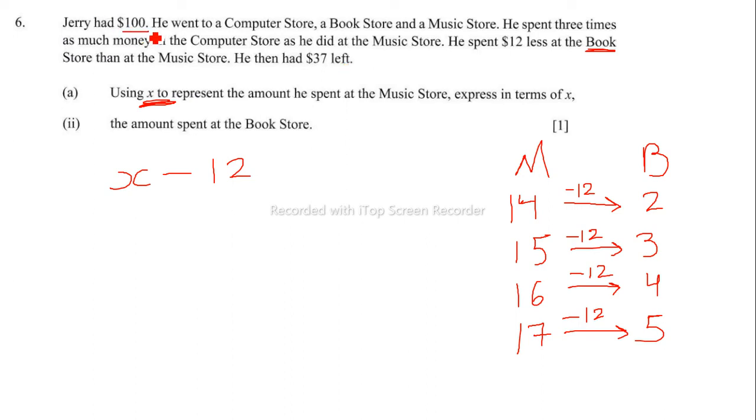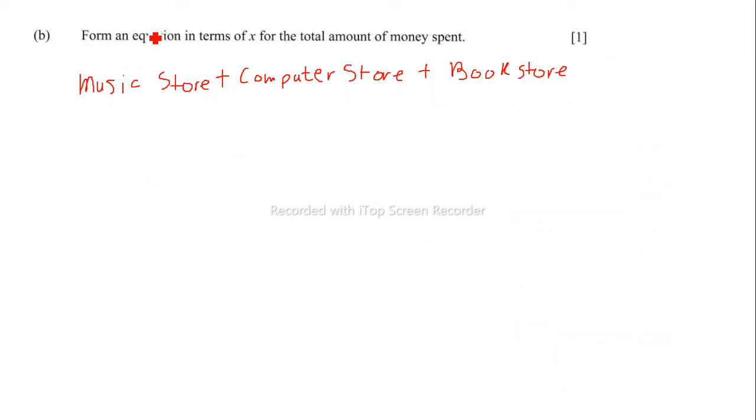So if we take 100 and we minus the amount that he spent at the music store, the computer store, and the bookstore, we should be left with how much? 37. Okay. Again, if we take 100 and we minus what he spent at the music store, the computer store, and the bookstore, we should get 37.